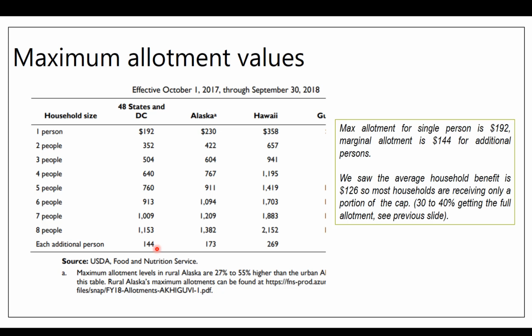But to be a maximum benefit person in the SNAP program implies that you have very little income to contribute towards food. Almost all of your food spending is going to come from the SNAP budget, and that's the plan, right? To meet that. So that's the sort of situation. At the individual level, it's pretty dire.